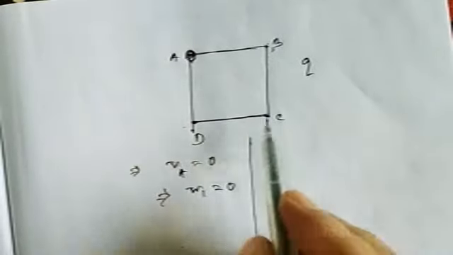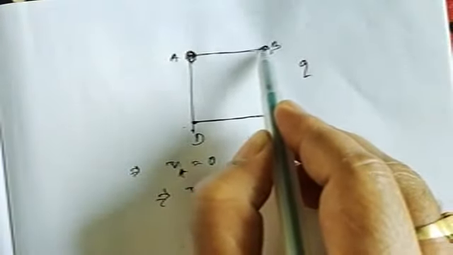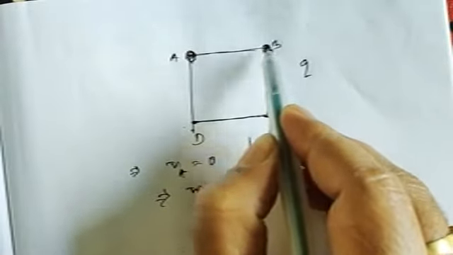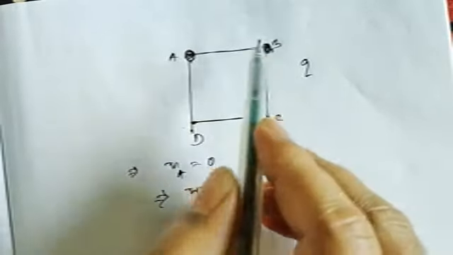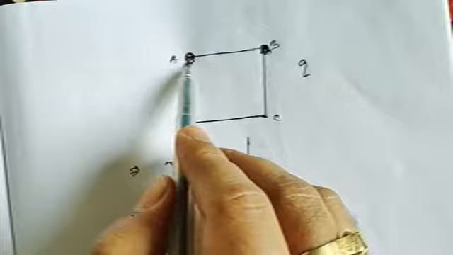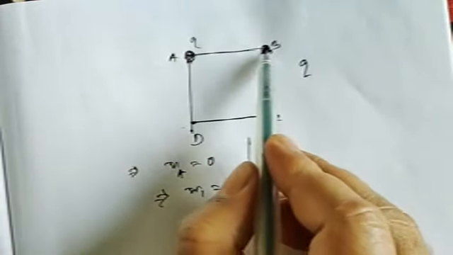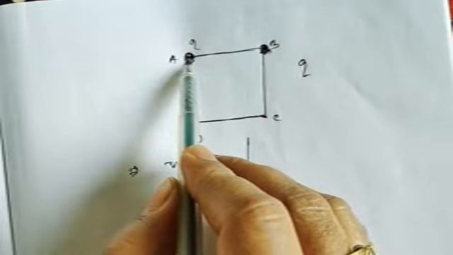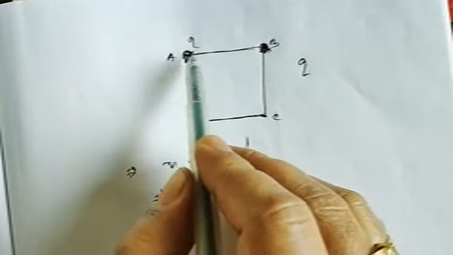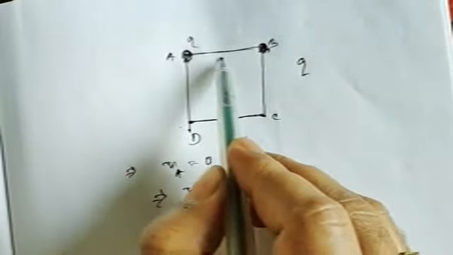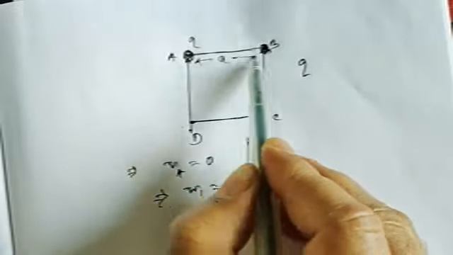But in case of B, if one wants to put a charge q at the point B, beforehand you have already placed a charge of small q at the point A. That means we get a potential at point B due to the charge at A. Let us assume this distance is a.